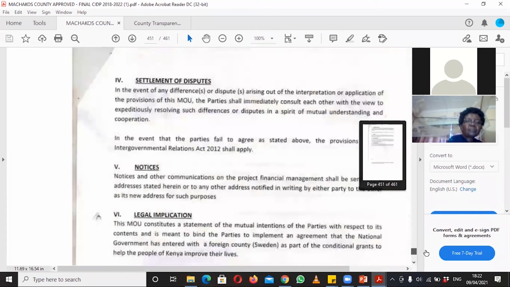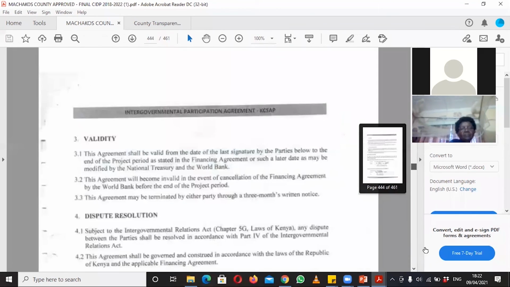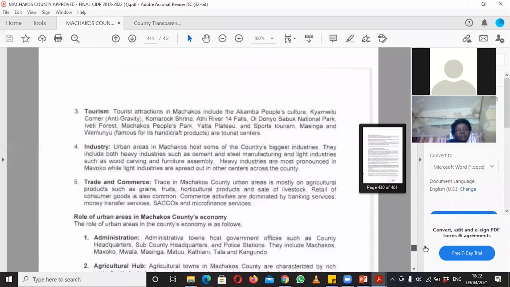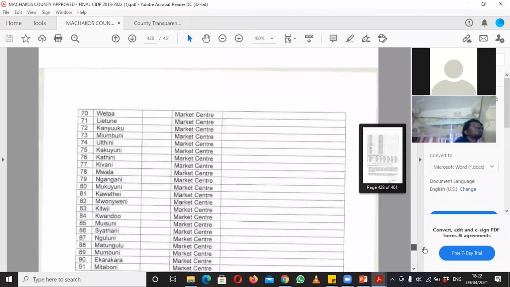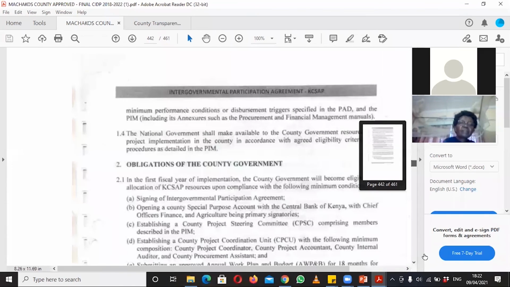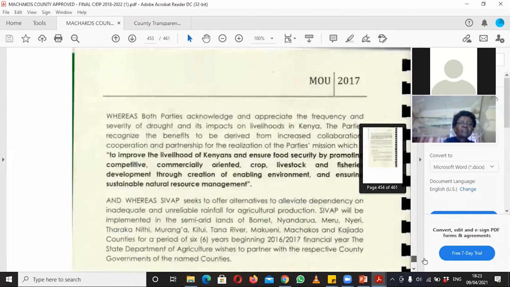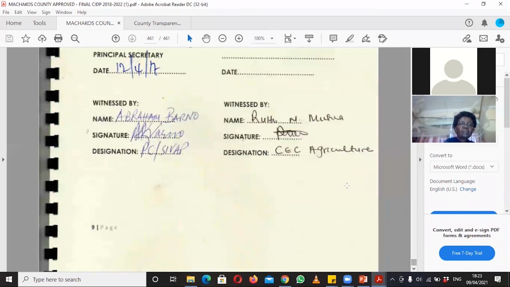Then here at the end, they have different documents that they're supposed to attach. But one of the documents that is missing is a list of public participation. When they prepare these documents, they are supposed to attach public participation so that we can get to know what were the inputs of the participants.